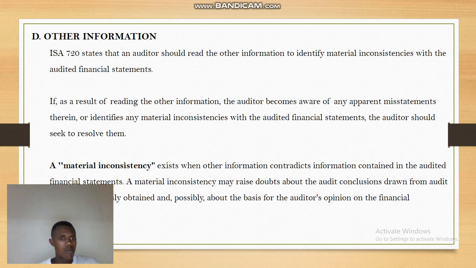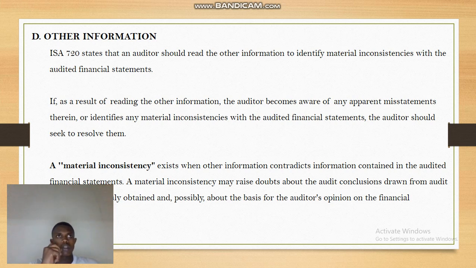For the other information, not only the information gathered from the financial statement audited by a given audit firm, but also other information that is not based on the financial statement you have audited. According to International Standard on Auditing 720, an auditor should read the other information to identify material inconsistency. Material inconsistency exists when the other information contradicts the information contained in an audited financial statement.